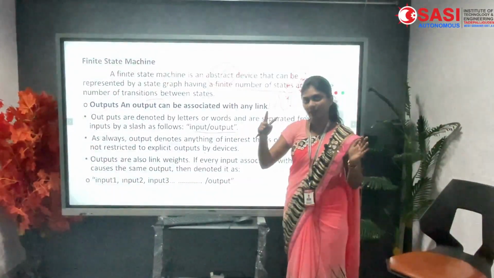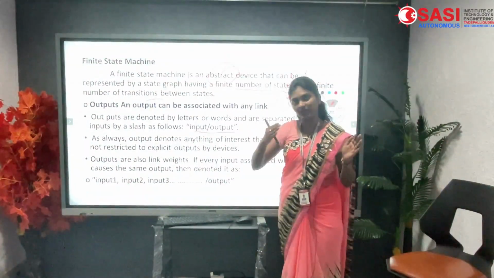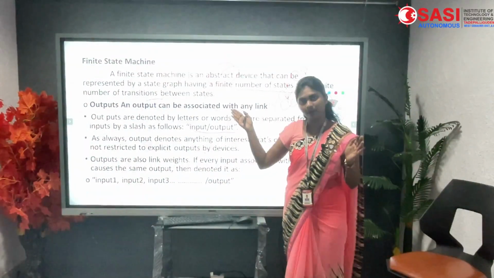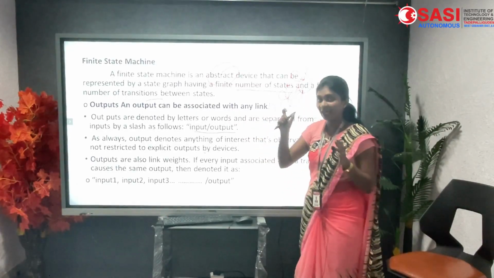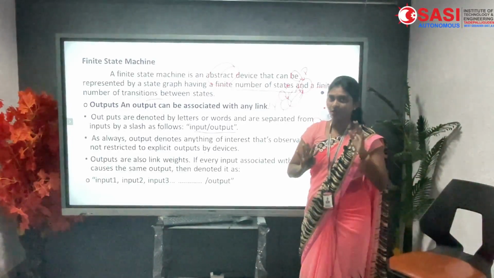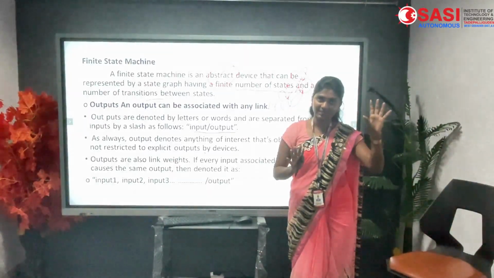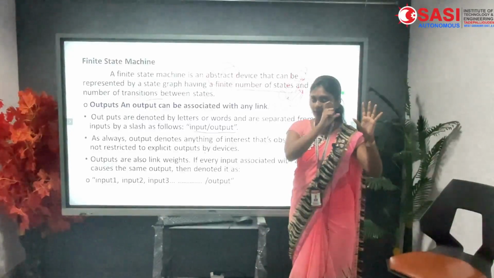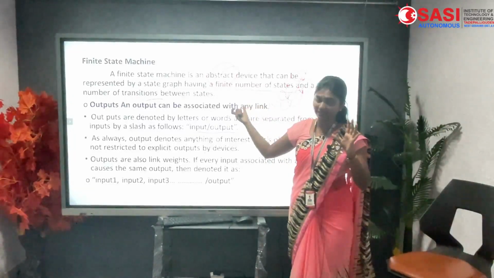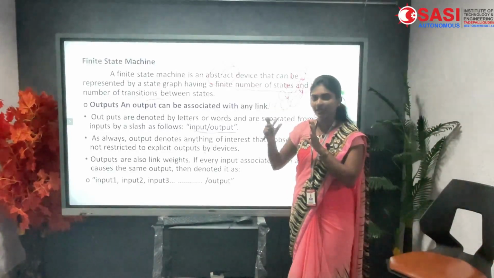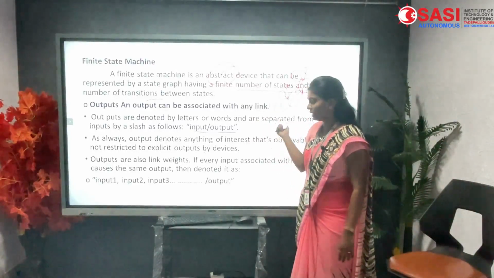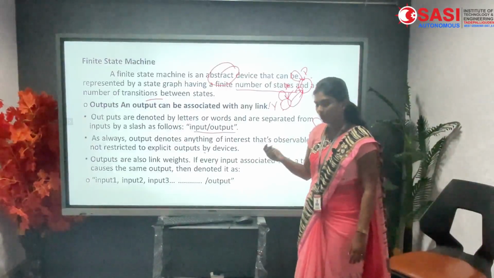Input 1, input 2, input 3, however many you take, that many outputs you can execute by these state graphs, with the help of only the finite state machine. In the state graph of transitions, input is represented, but in the finite state machine the output is represented by the states, by particular different numbers.